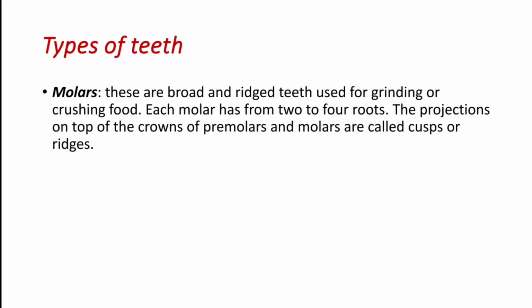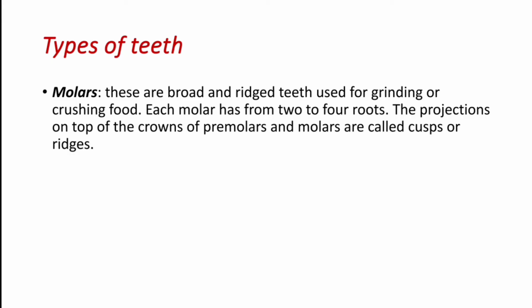Okay. And then the projections on top of the crowns of premolars and molars are called cusps or ridges. So again, you're going to look at the crown when we look at the structure of the tooth. We're going to look at the crown, we're going to look at the roots. So don't worry.